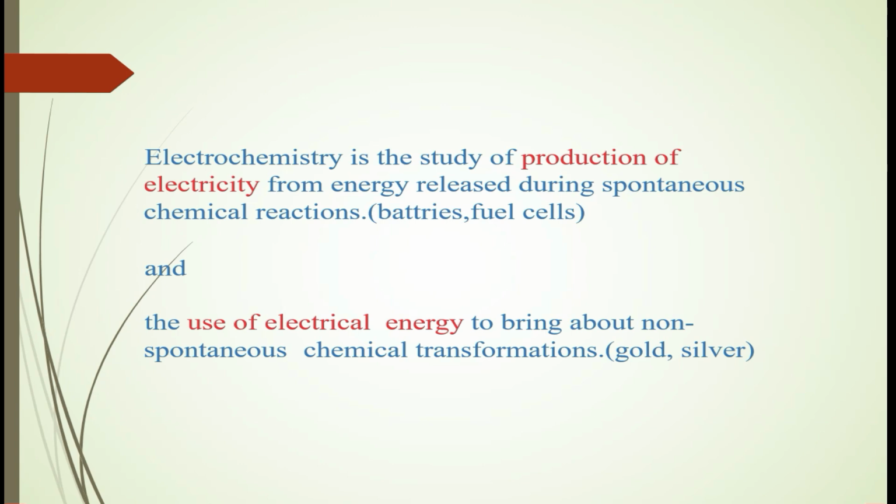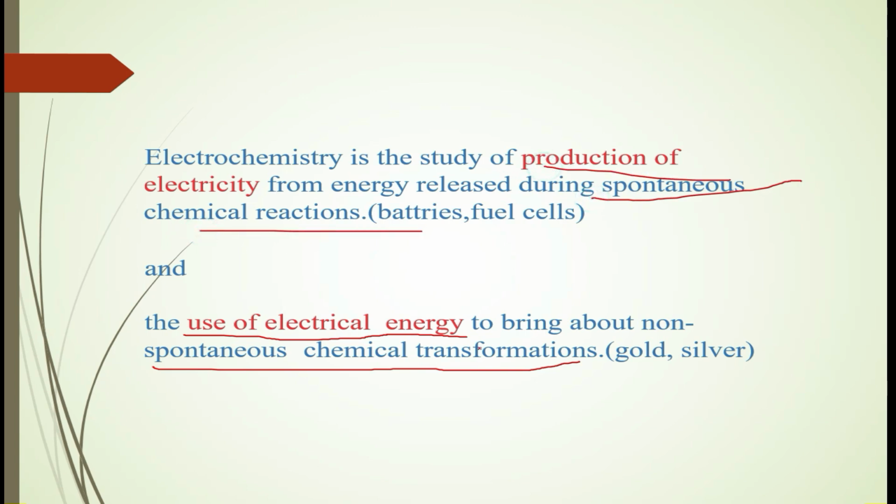Otherwise, we also define electrochemistry as the use of electrical energy to bring about non-spontaneous chemical reaction. For spontaneous chemical reaction, it is production, and for non-spontaneous chemical reaction, it is a use of electrical energy.